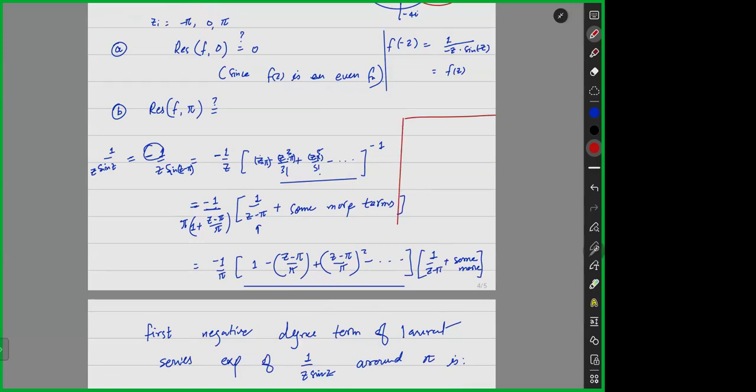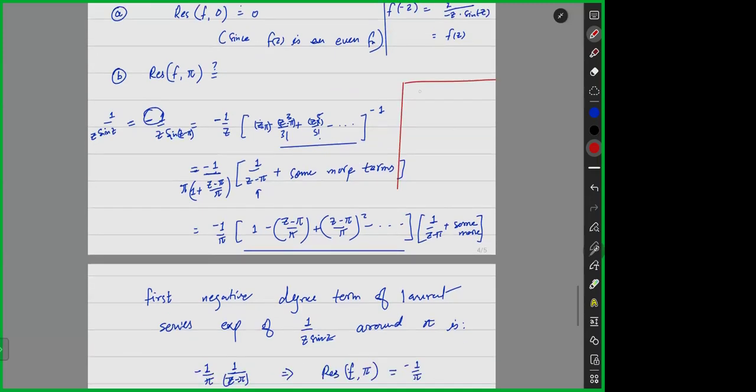There is some issue in the second case when we have to expand, like z plus pi to the power k, sum a_i. Then at this level, 1 by z can be written as 1 by z plus pi minus pi.